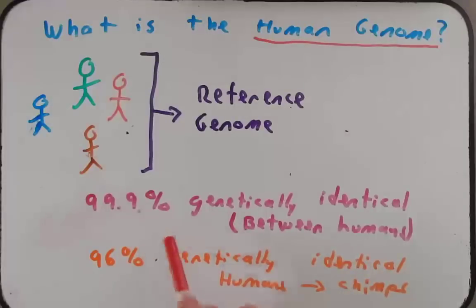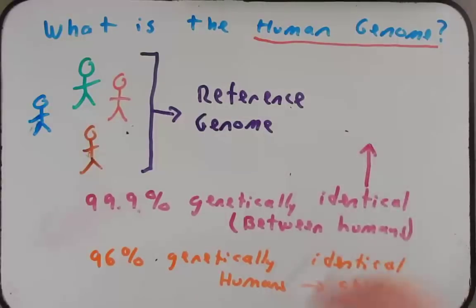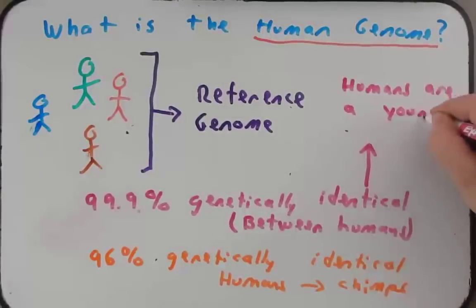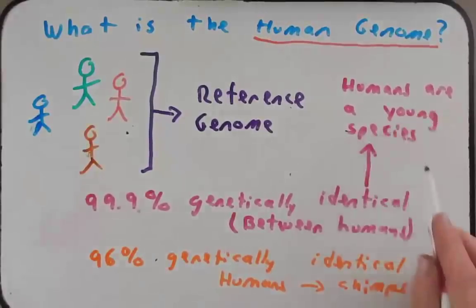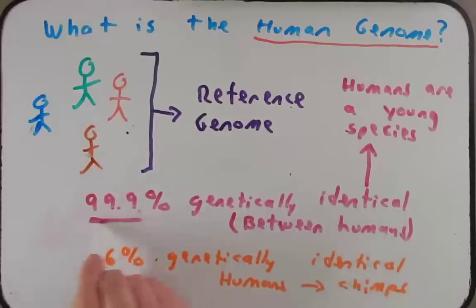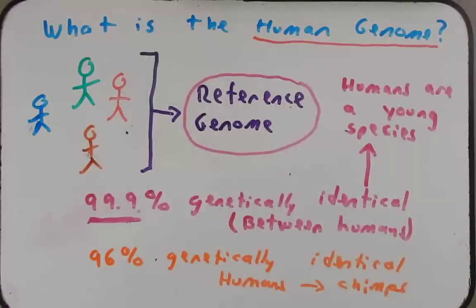We're still pretty similar, and the reason for that, I think this is a very important thing to keep in mind, so I want to make sure I write it up here, is that humans are a young species. Our species has not been on this earth very long. Because of that, the difference between any two humans is so small. We often make a big deal about that small difference, but in reality, not much difference. So with that in mind, these few individuals are a good reference for the entire human population. Not perfect, but still good.